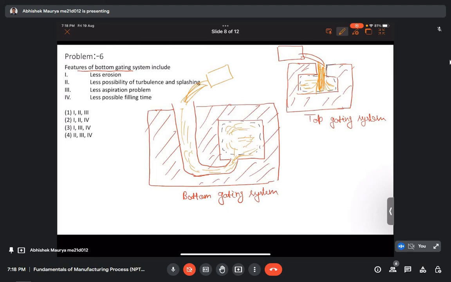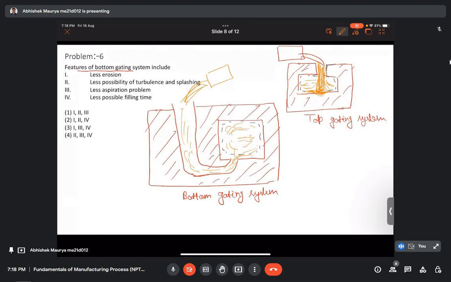When it falls on the bottom of the cavity, there is a possibility that it will erode the cavity walls, or some material inside the cavity wall gets removed, because molten metal is directly falling on the bottom of the cavity walls.